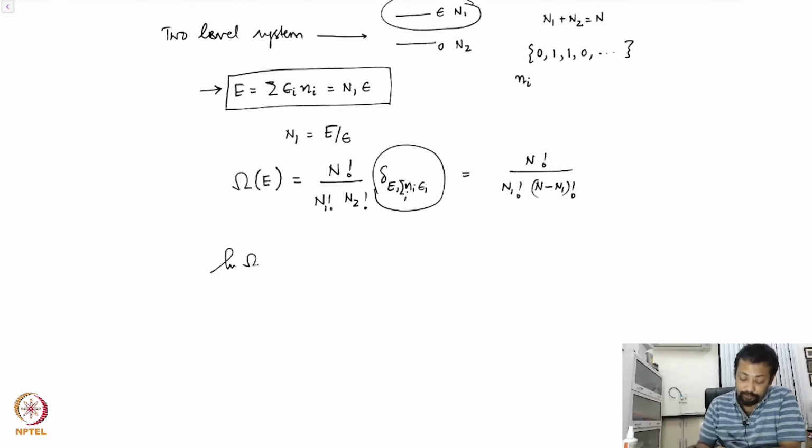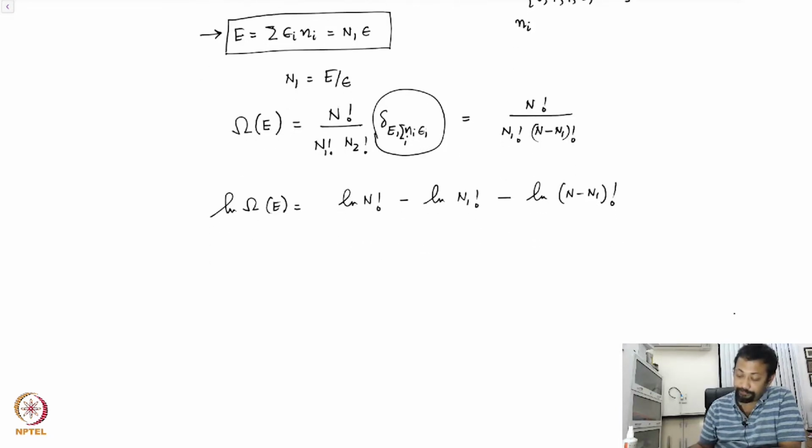So ln of omega of E is ln n factorial minus ln n1 factorial minus ln of n minus n1 factorial, which, if I use Stirling's approximation, becomes n ln n minus n, minus n1 ln n1 plus n1, minus n minus n1 ln of n minus n1 plus n minus n1.